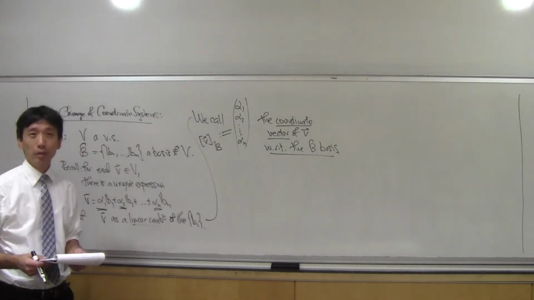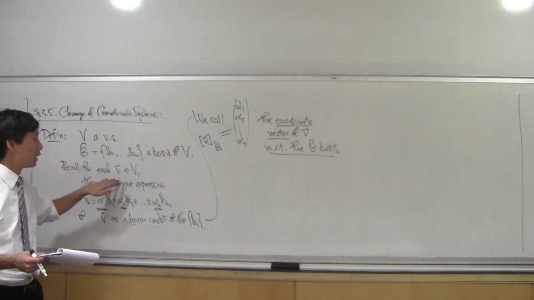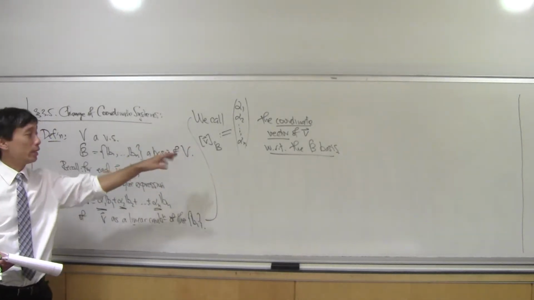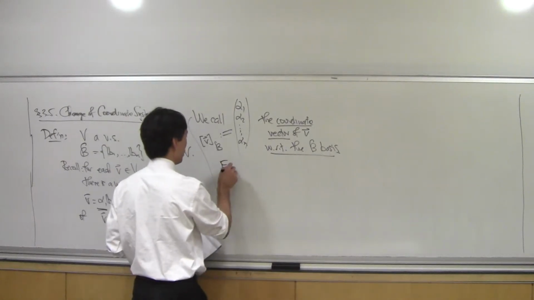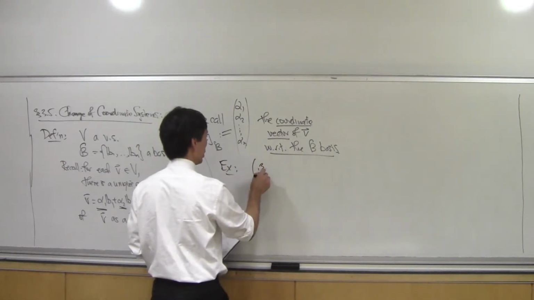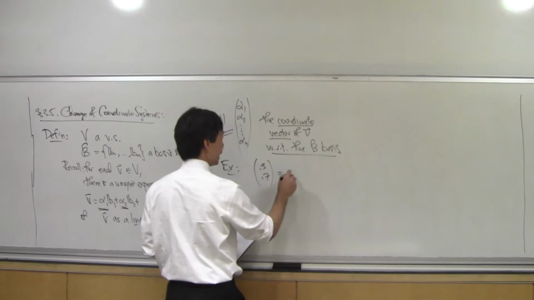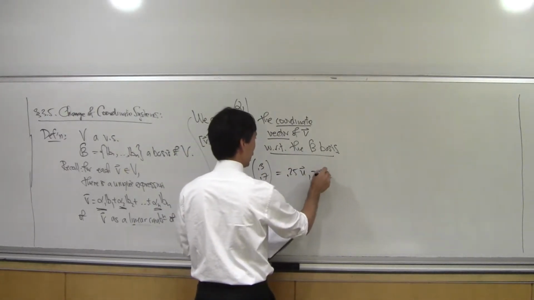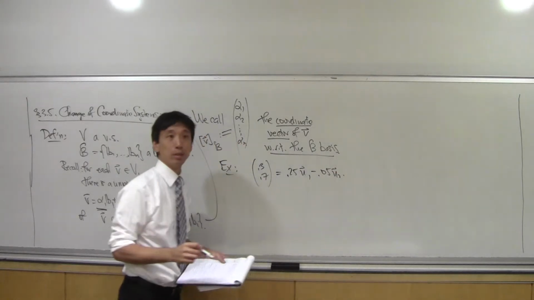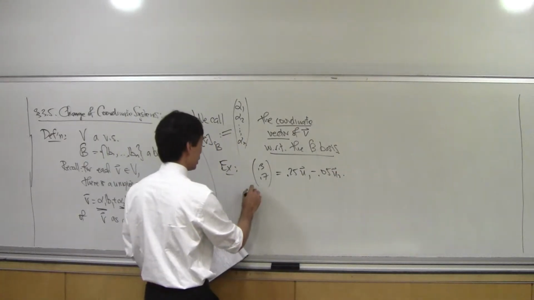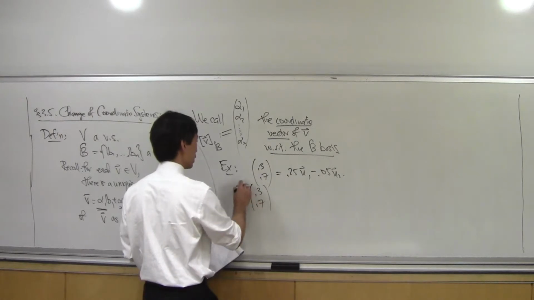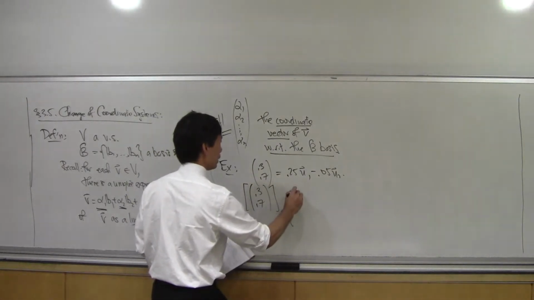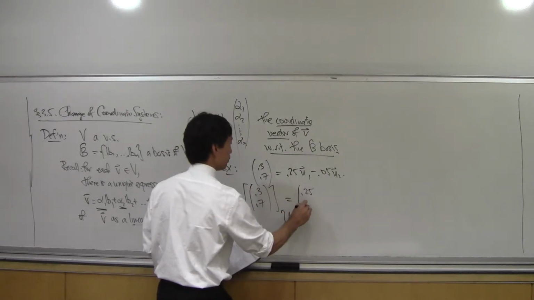Okay? Right, so for each vector in your space, it corresponds to a coordinate vector. So for example, just now, we had this vector 0.3, 0.7, and it equaled 0.25 of u1 minus 0.05 of u2. So the coordinate vector with respect to the u basis is going to be 0.25, negative 0.05.